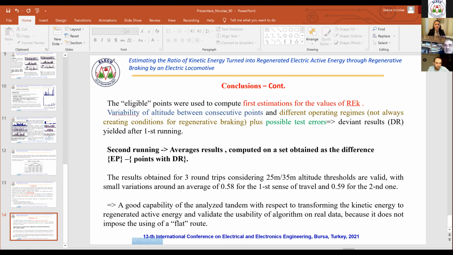So it's a problem at the European level, not only in Romania, how to pay for the electric energy as the difference between the consumed energy and the recuperated electrical energy. So it's a big problem, probably also in Turkey.